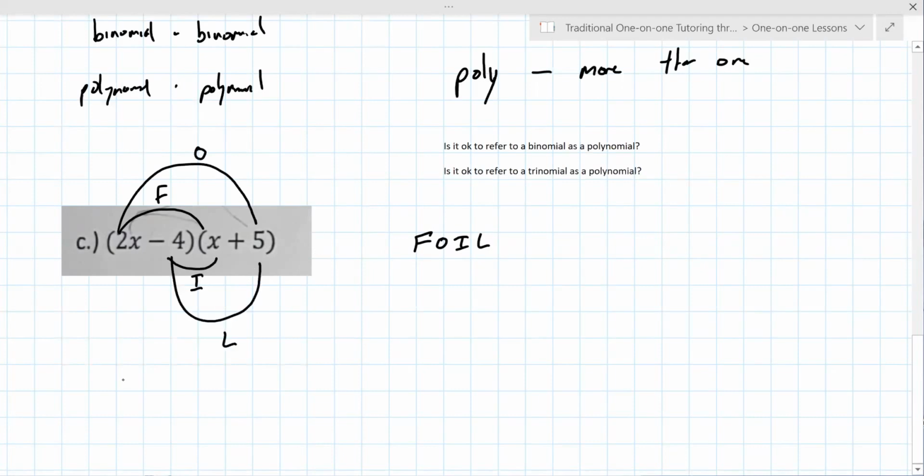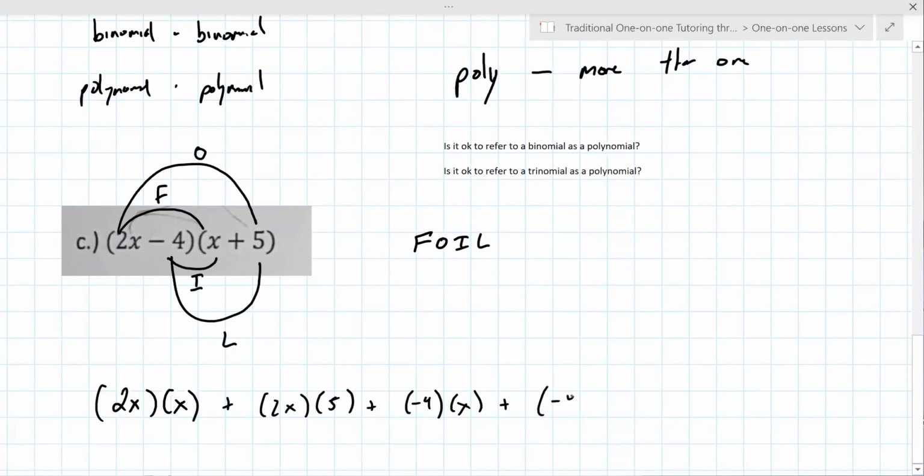It also looks like it's foiled together in the shape. Exactly. So this is 2x times x, plus the outer, 2x times 5. This plus means it's positive 5. This minus means it's minus 4. The inner is minus 4 times x, and the last is minus 4 times 5. So that's your F, O, I, and L.